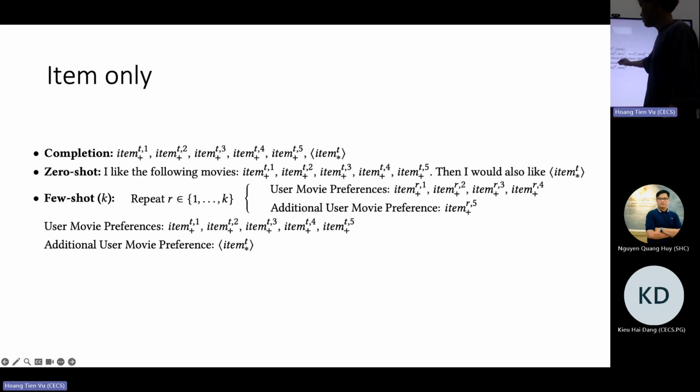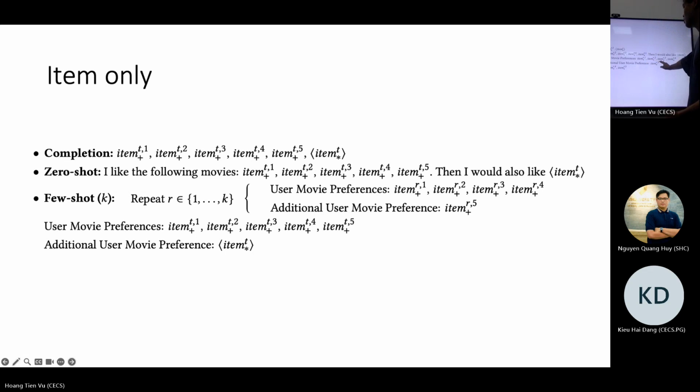And the third setting is zero-shot learning, where we will use the movie preference. We use the movie preferences, item R1 to item R4, and we will add some additional preference, item 5.